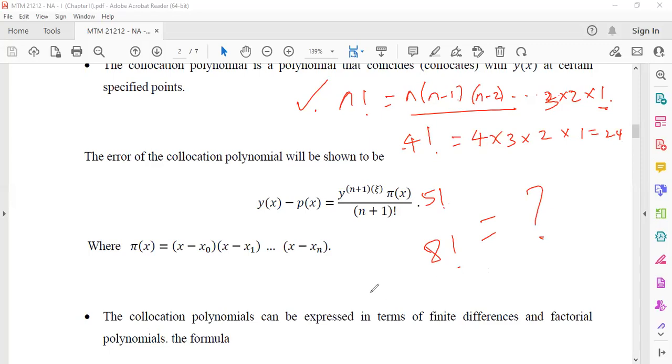So tell me what will be the n plus 1 factorial.